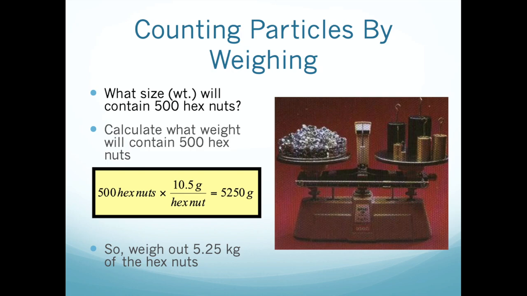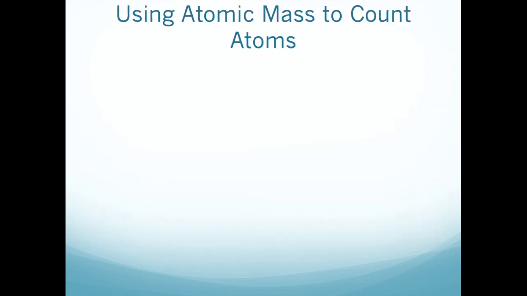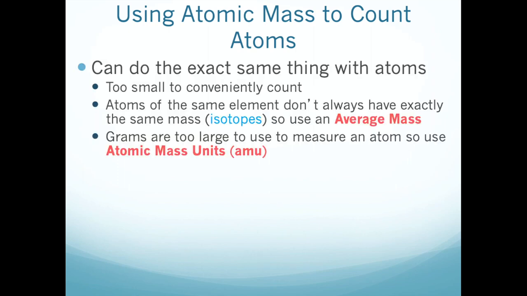Notice that counting really small things by mass is a lot easier than trying to count out individual things. In the case of chemistry, counting out individual atoms and molecules isn't just difficult, it's pretty much impossible. We're dealing with things that are so tiny that you can't really just pick them up and move them. So using mass to count numbers of things is very, very important.